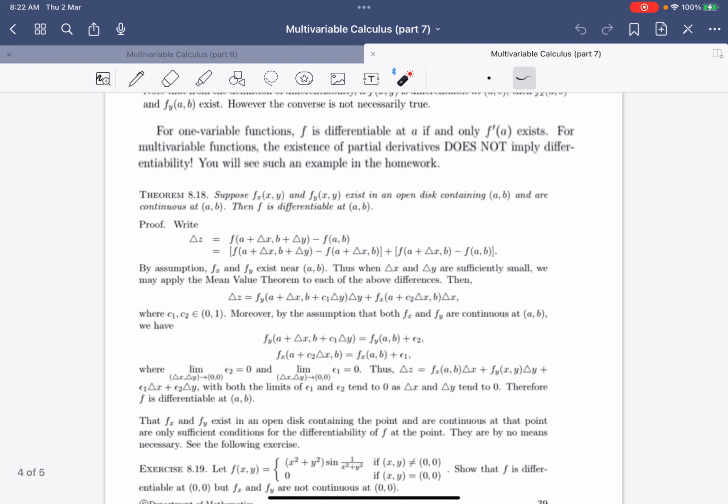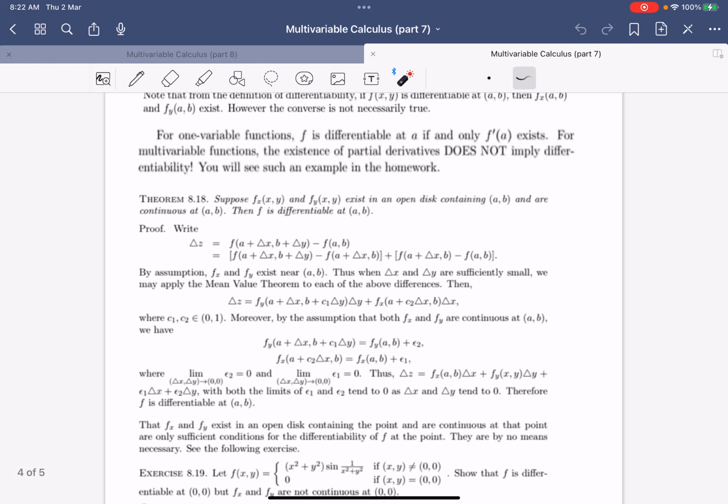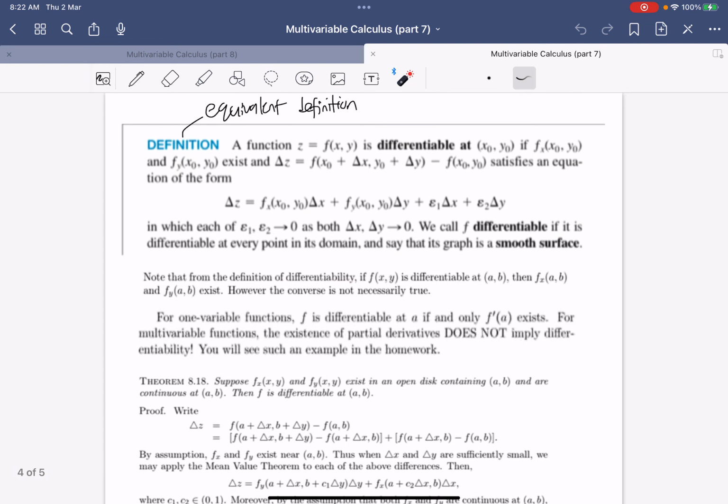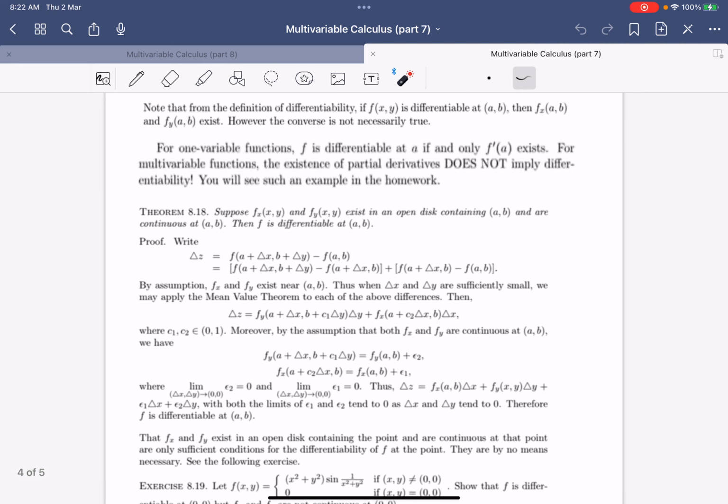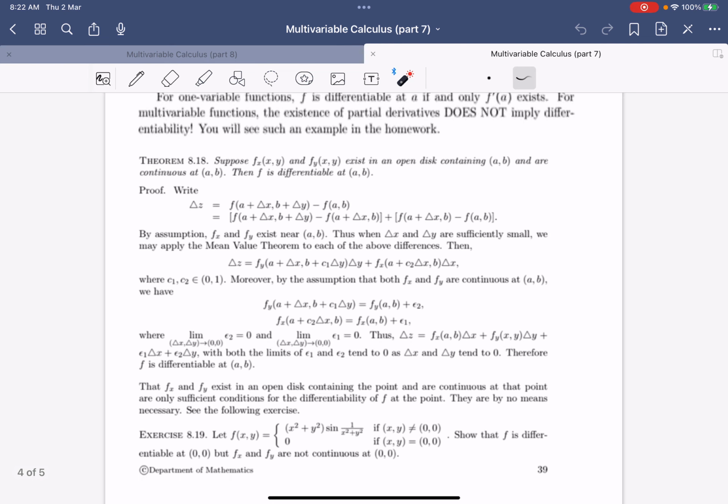The reason for that is because when you have continuity, then you are able to apply the mean value theorem to get the following result, which leads you to the conclusion that the change in z actually goes to 0. And so we need the condition that the partials are also continuous in order to conclude that f is differentiable.